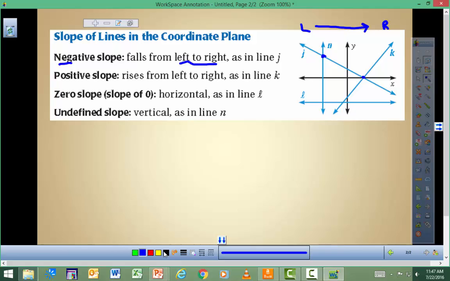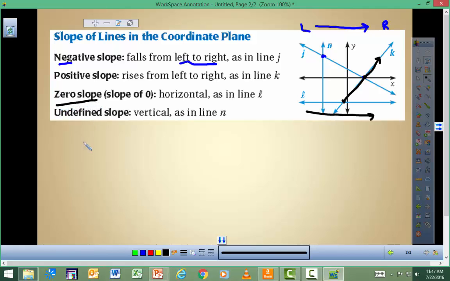On the other hand, if we go up as we go from left to right, as in line K, here's another point here, and as we go from left to right, we're going in this direction. We're actually going up this line, continuing to go upwards, and so naturally we have a positive slope.